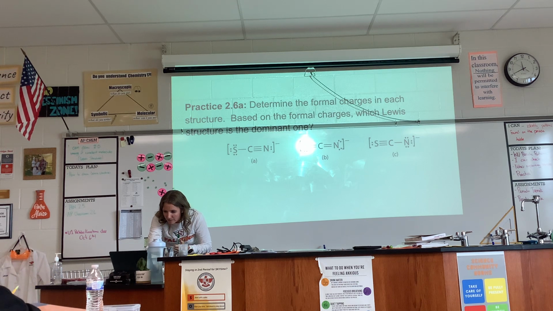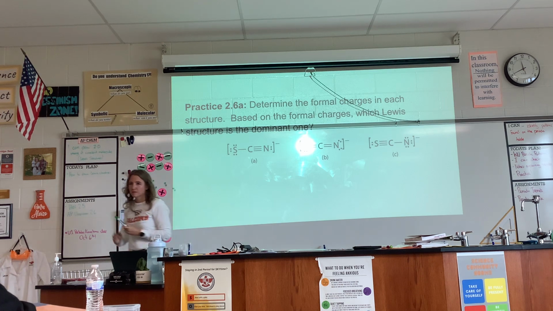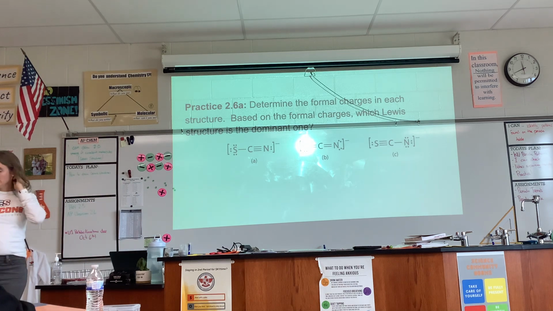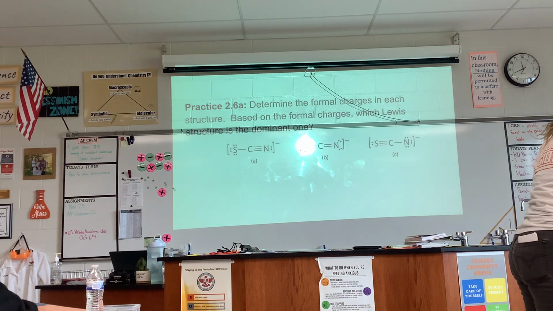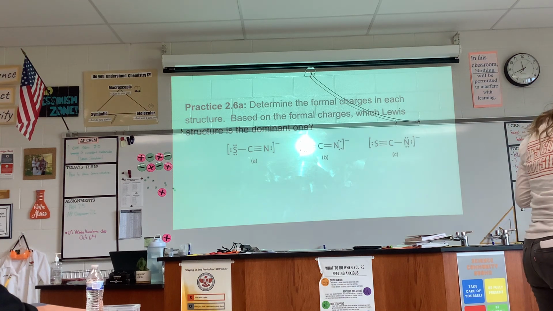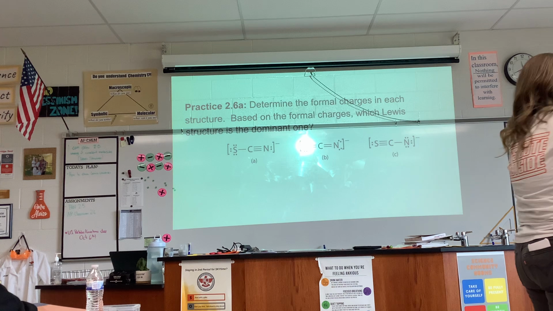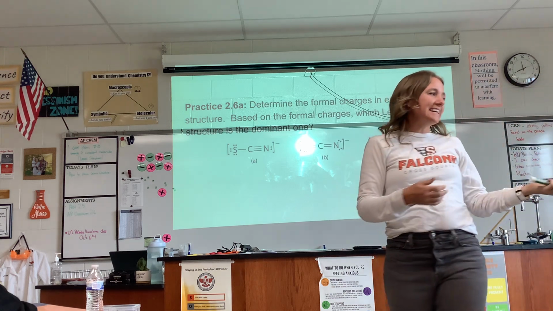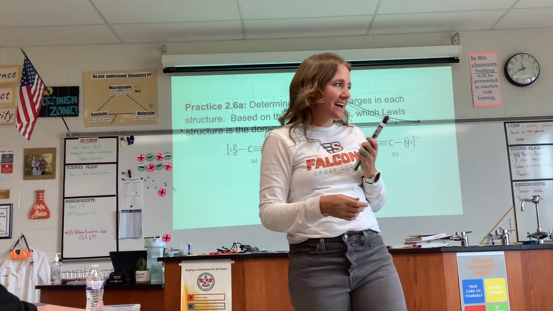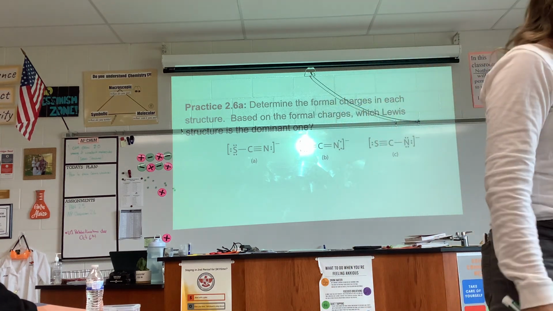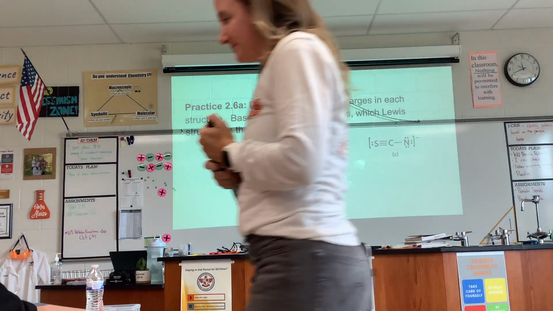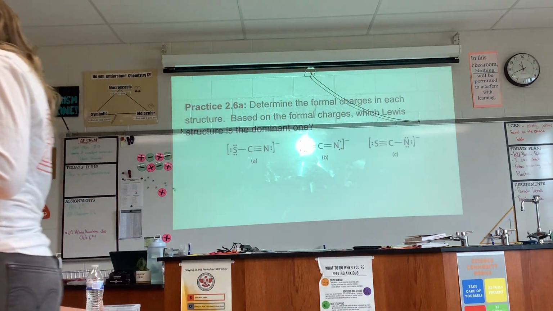Zeros, negative 1, 0. So S has 6, so 6 minus 2. Wait, minus 4? Yeah, that's 4 dots. 0. You'll see in other cases we have to look at diagonals, but if you don't have to, it's not wrong. Negative 1.